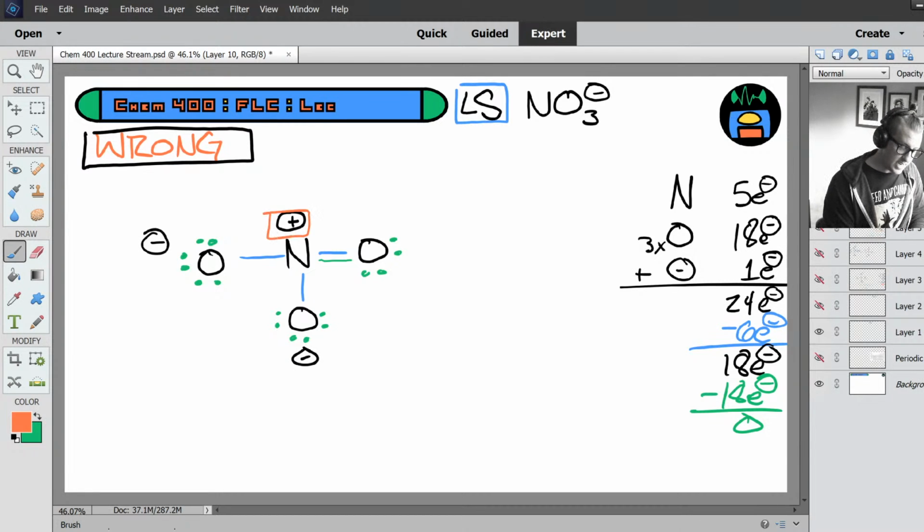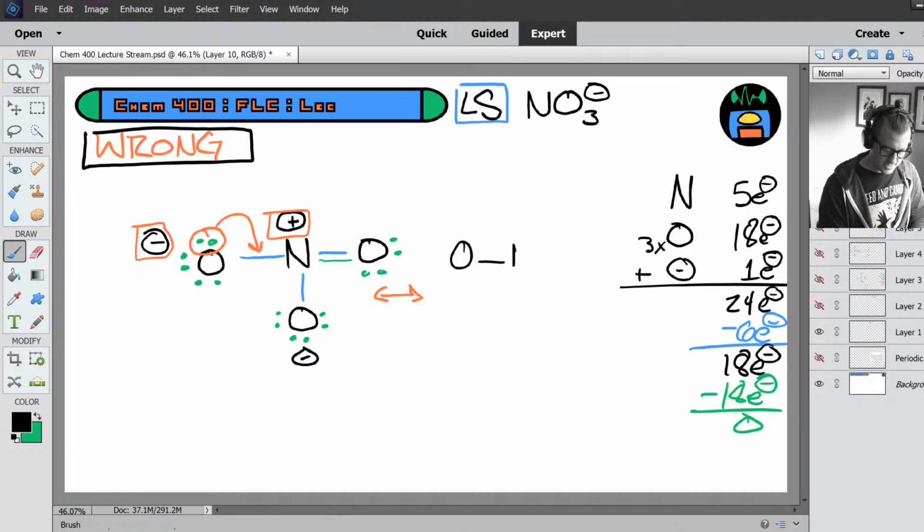The mistake is, oh, negative charge, positive charge, I know how to minimize that. I'll take a lone pair and make it a double bond. That would give me a Lewis structure that looks like this.